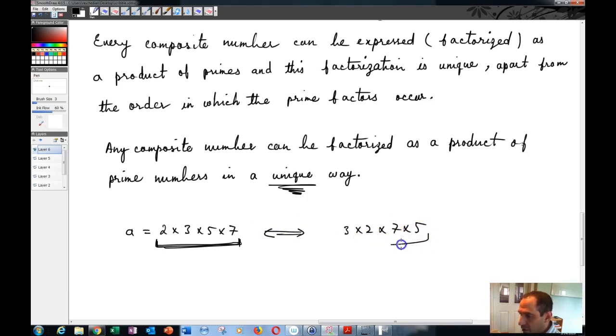This is actually the same thing. Okay, so they are not unique in the order they have been represented.